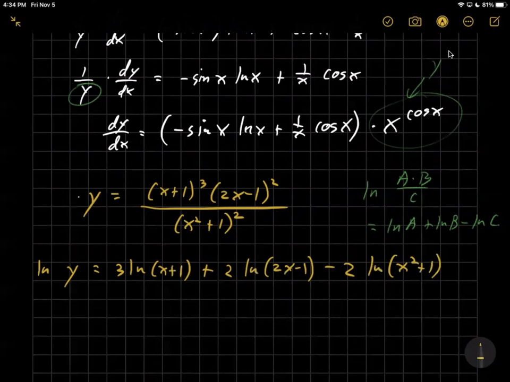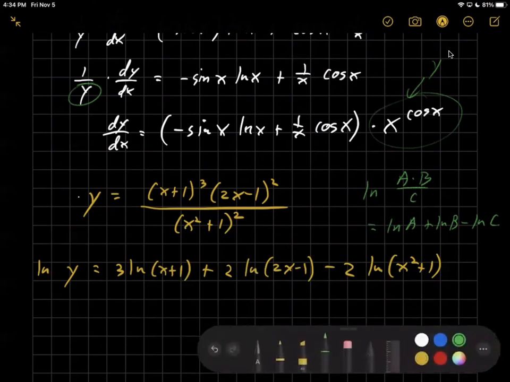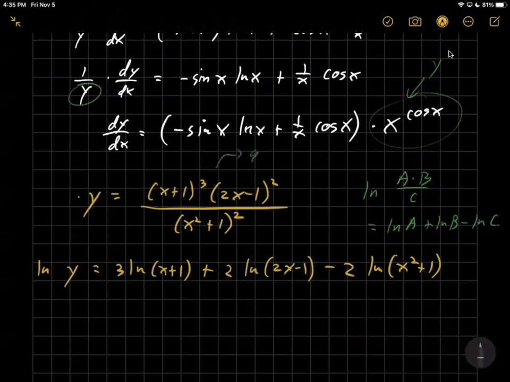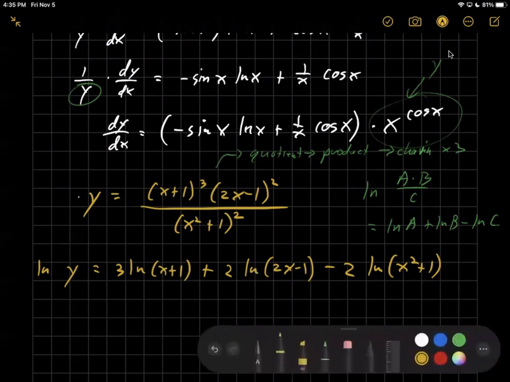You would have had a quotient rule with a product inside and everything, and each of those pieces would in turn be chain rules. So this would be a nightmare to do the old way, because you would have a quotient with a product, and inside of the product would be multiple chain rules. I think it's actually 3 of them that we would have to do. So pulling that apart would be incredibly time consuming, but doing it logarithmically is pretty quick.